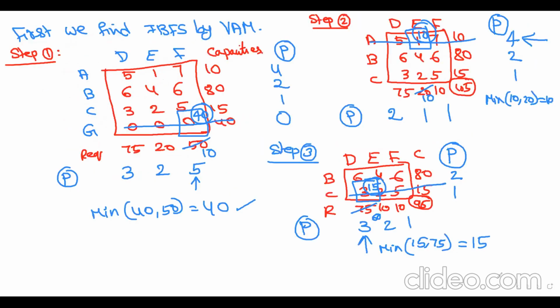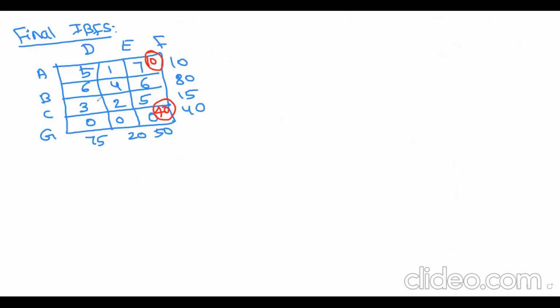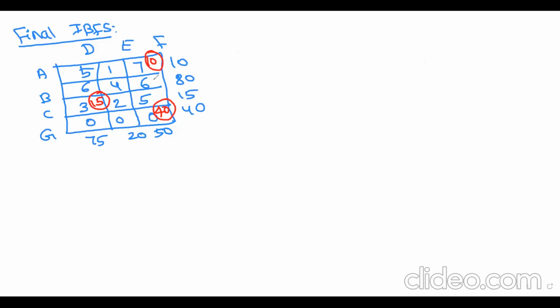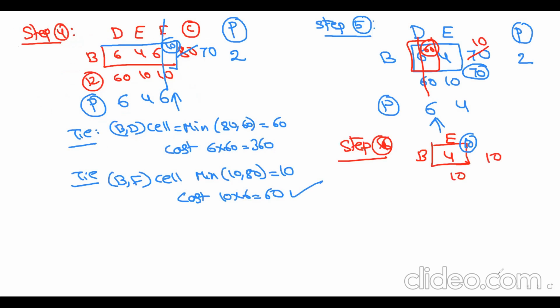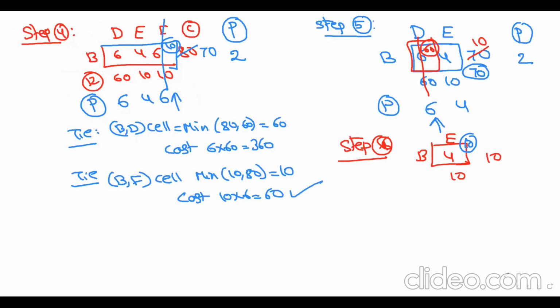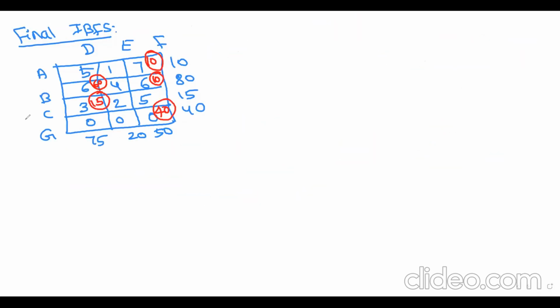Step 3, I gave CD 15. Step 4, I gave BF 10. Step 4 is over. Step 5, I gave BD 60. For 6, 60 I give. And the last step, BE 10 I give.